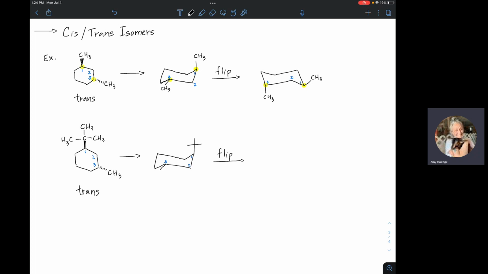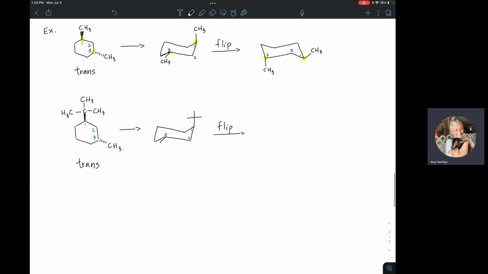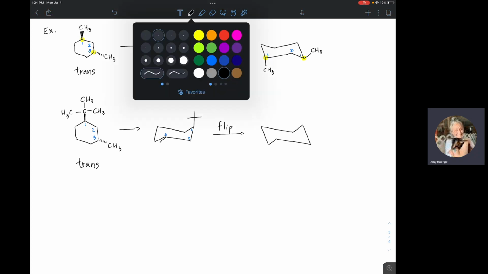I'm going to do that again on the next chair, but they'll still be up and down, as indicated by their dashes and wedges, but whatever was axial will become equatorial when I flip the chair. So flip your chair inside out. Whatever was axial will now become equatorial.